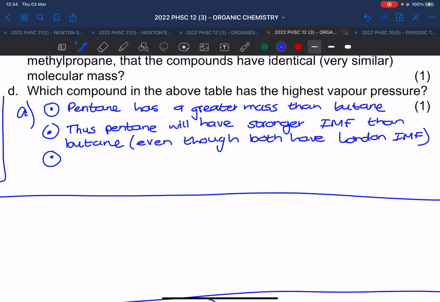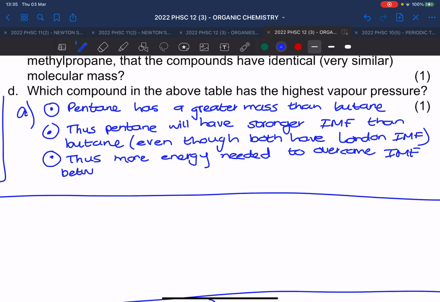Then the golden sentence: thus or therefore, more energy needed to overcome intermolecular forces between pentane molecules than butane.